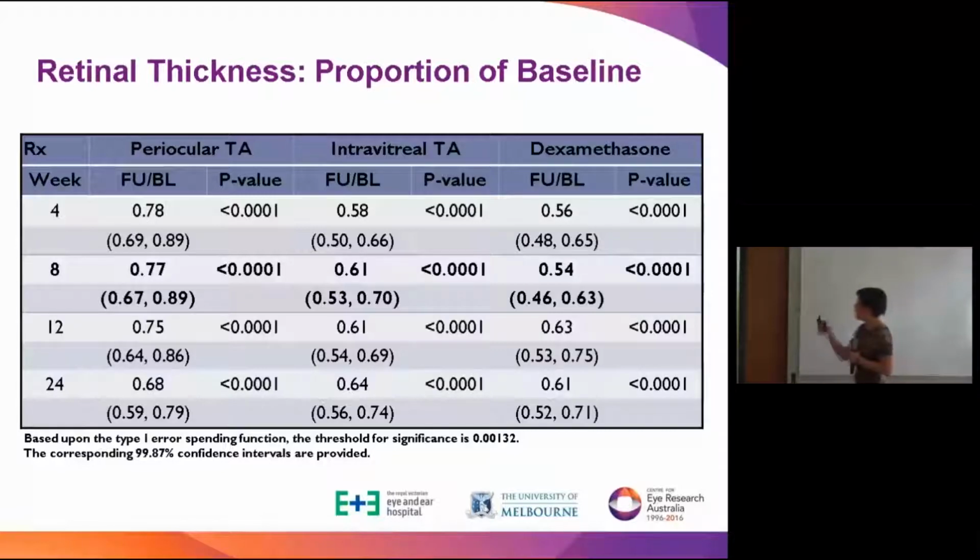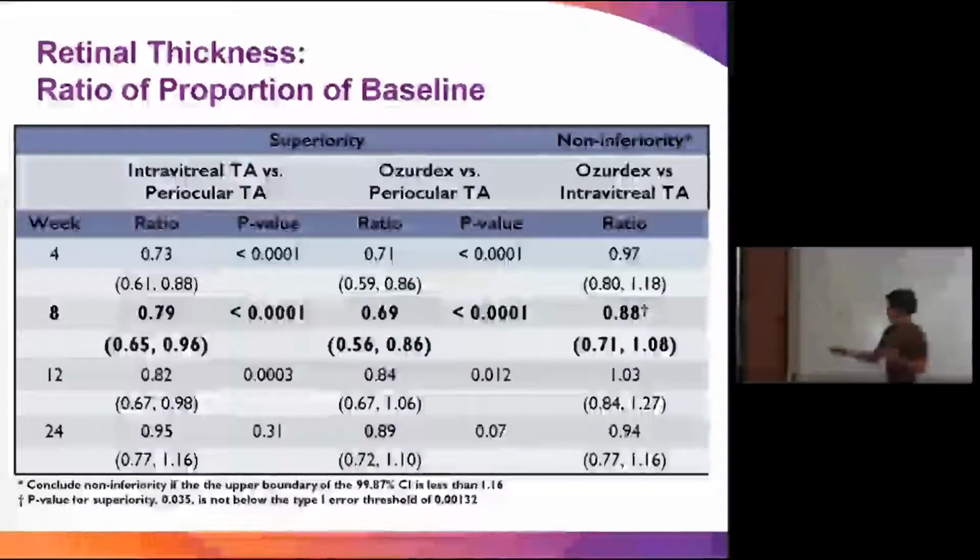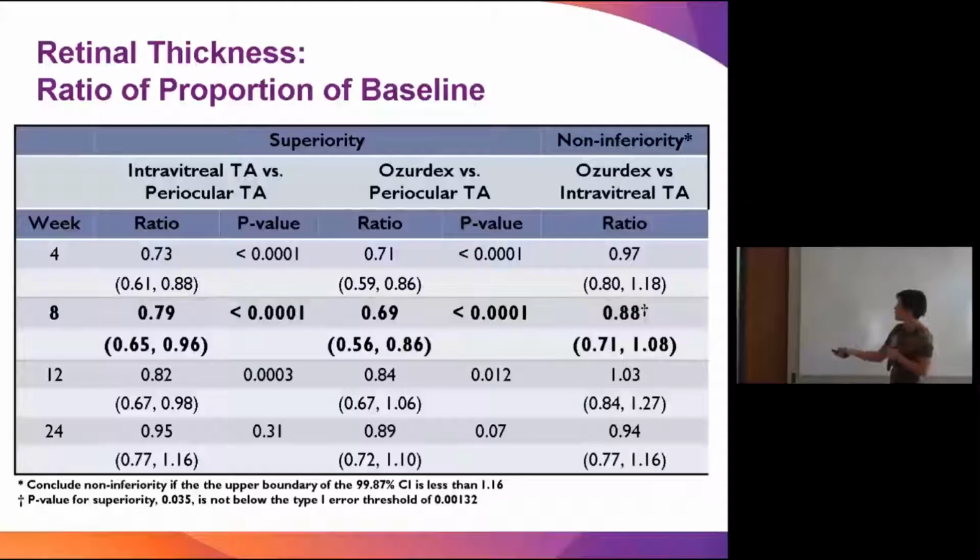But if we compare them, intravitreal versus periocular, intravitreal is better. Ozurdex versus periocular, Ozurdex is better than a periocular steroid. But if you compare Ozurdex with triamcinolone, no difference. Both of them are just as effective for reducing central macular thickness.